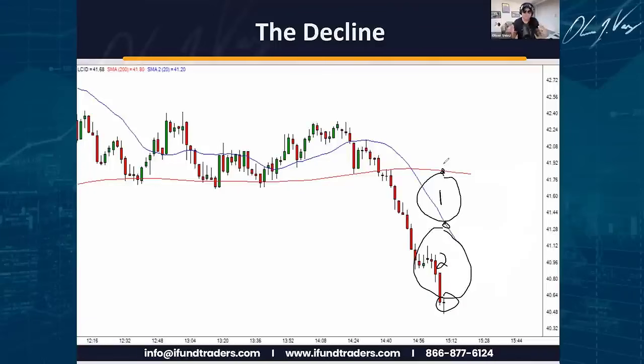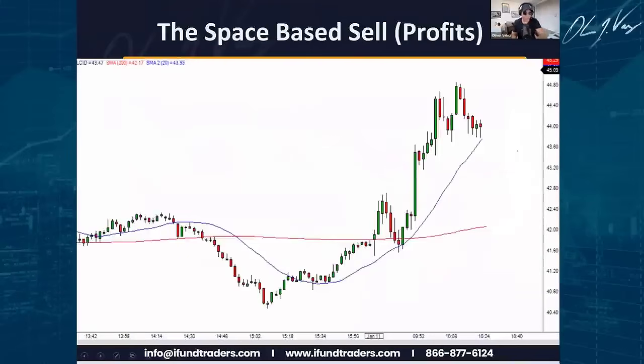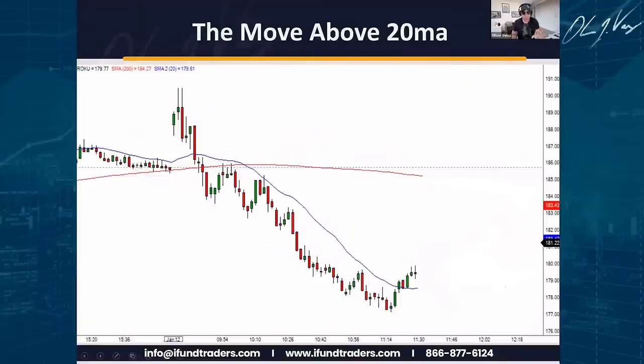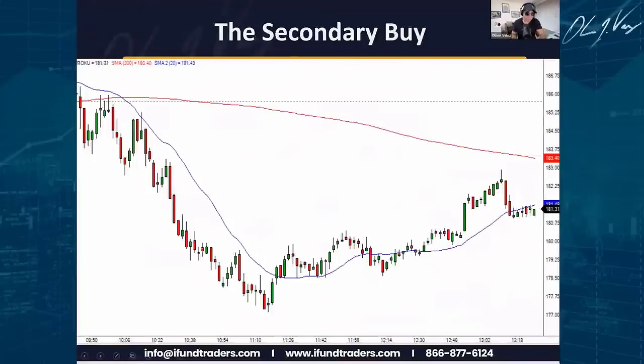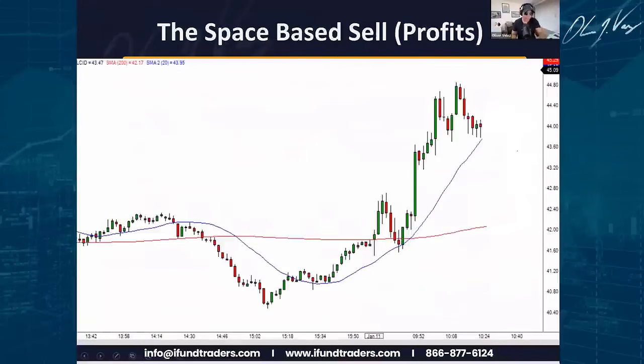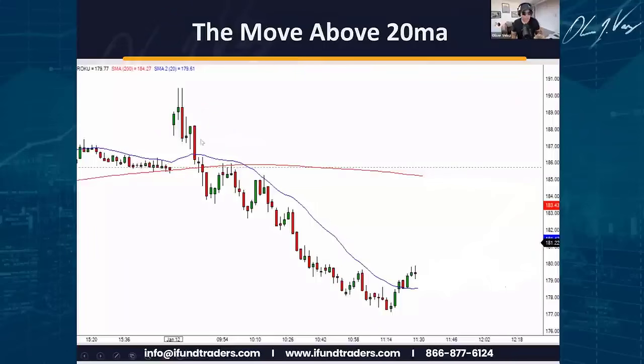The first space is always the space between the two moving averages. The second space is between the stock and the 20. Keep that in mind. It's very important. It sounds like it's not important, but it is, and I'll explain it to you right now. So here we have an elongated move to the downside.